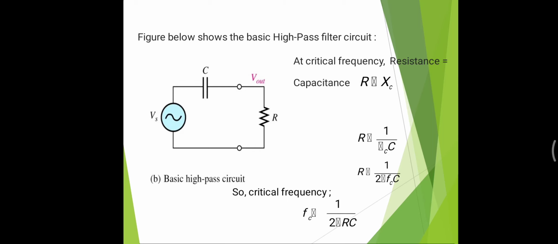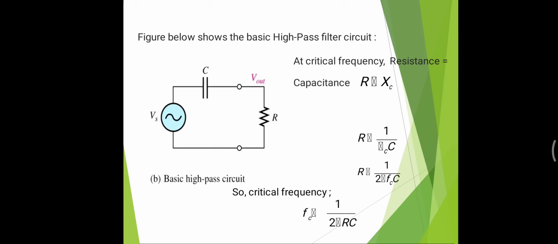In this circuit, at critical frequency the resistance R equals the capacitive reactance, and R equal to 1 divided by 2 pi F into C. We can put omega equal to 2 pi F. From this we get critical frequency equal to 1 divided by 2 pi RC.